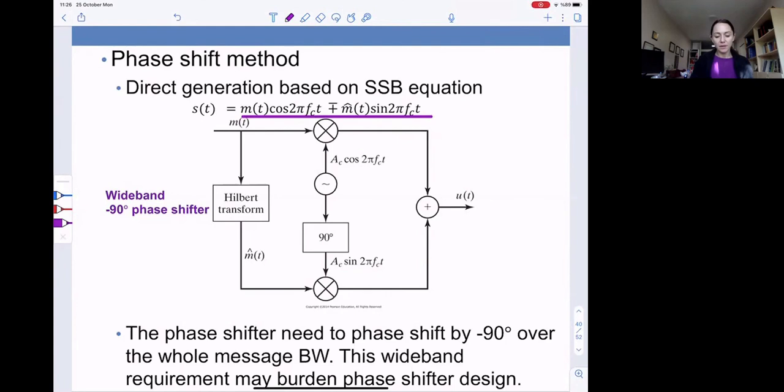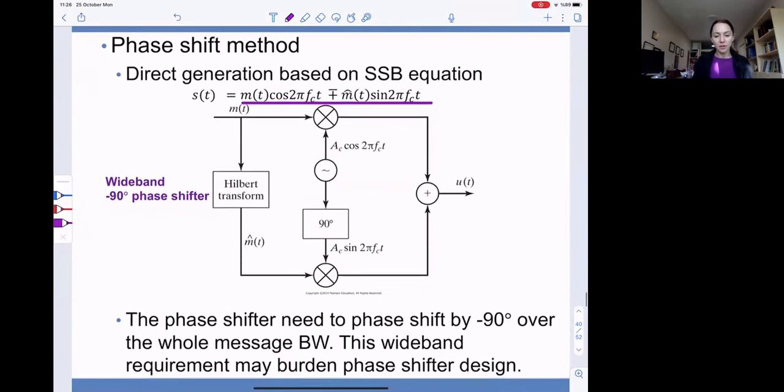I think this is a preferable method because it's going to also suggest to us something that we can do in communication for bandwidth efficiency, regardless of doing SSB or not. It is going to suggest a structure to us, but first let's study this method.